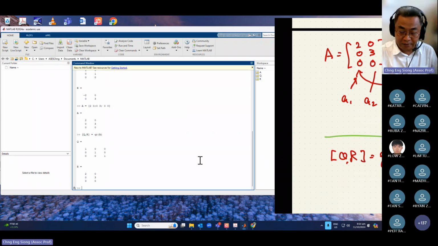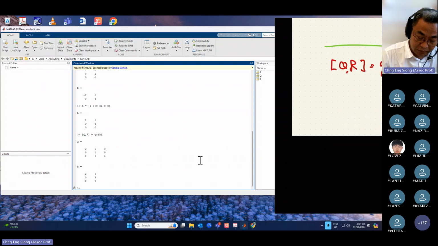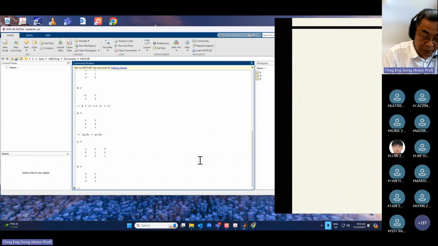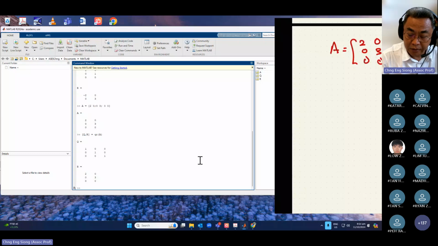How do I see that, guys? Okay, I'm asking the question now. So I will just copy A equals to 200030, and Q now is equals to 100010001, and R is equals to 200030.